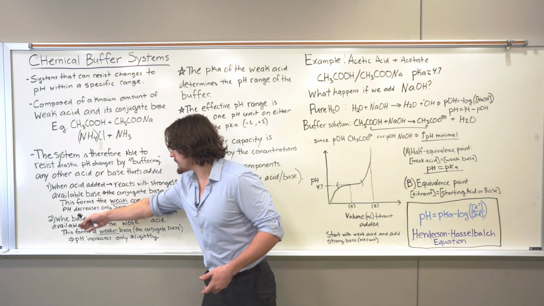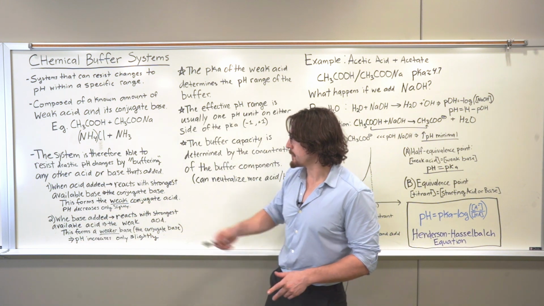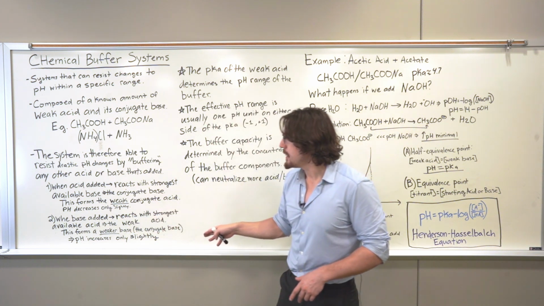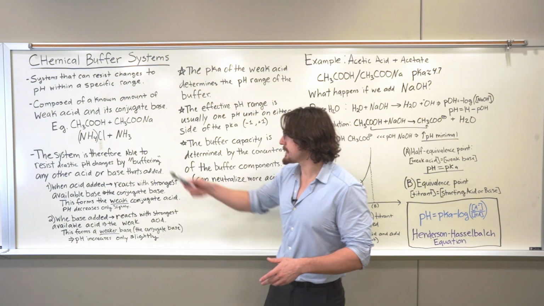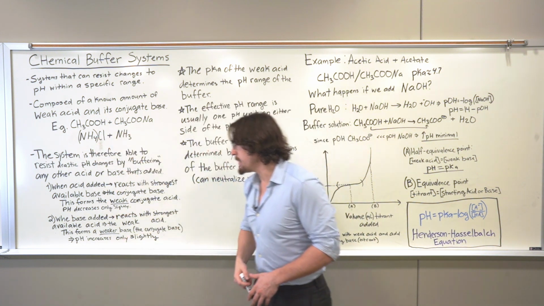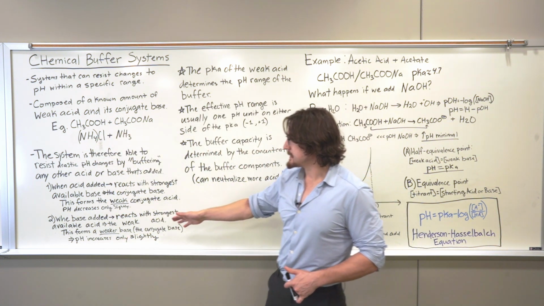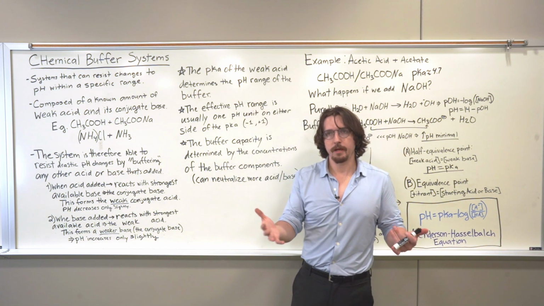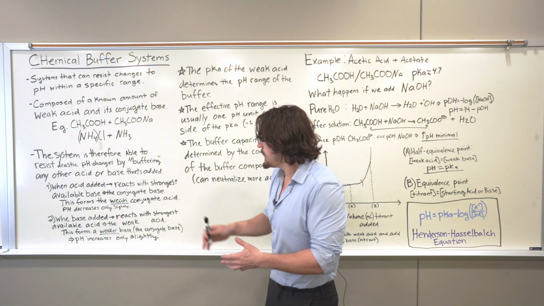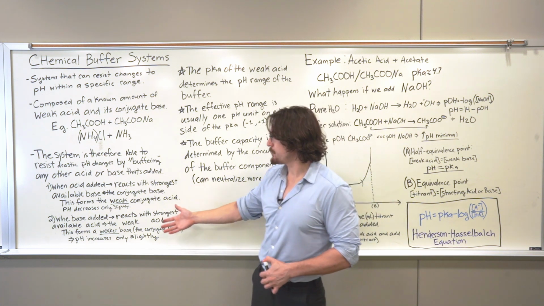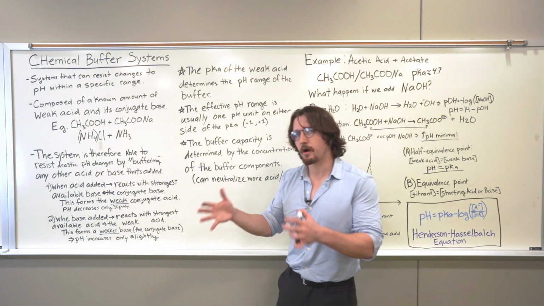Conversely, if a base is added like sodium hydroxide, then that's going to react with the strongest acid, which is whatever the conjugate acid is, like acetic acid or ammonium. And what's going to happen is, instead of that strong base added to water dissociating and producing a lot of hydroxide, it's going to react with this weak acid, and that will form the weak conjugate base.